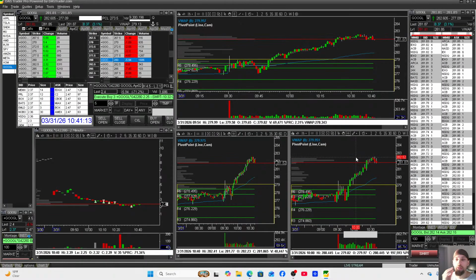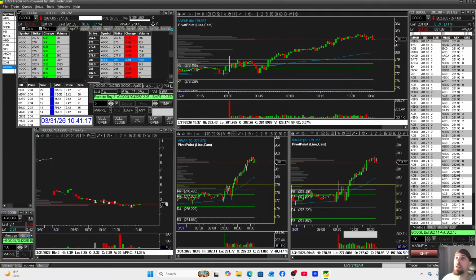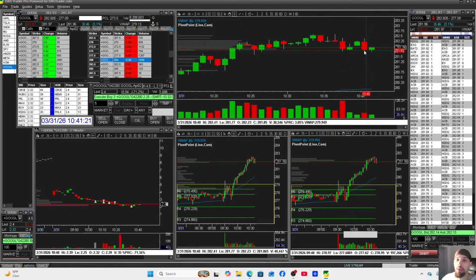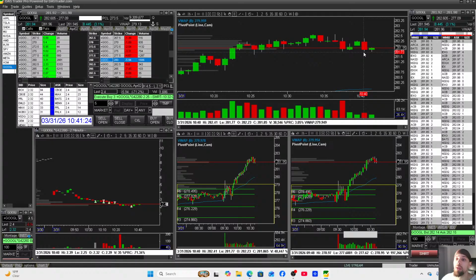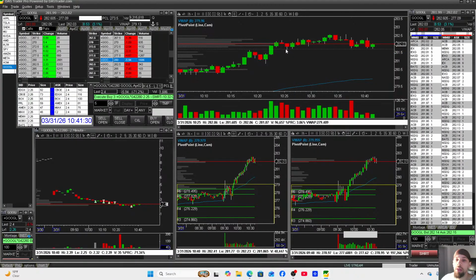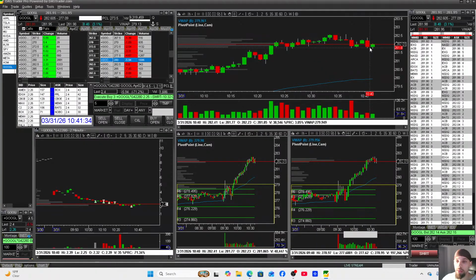Starting to move in my favor. We just need to lose this level. Big buyer stepped in again. Big buyer keeps stepping in right here. And their stop is probably right here. We just need to lose that level.